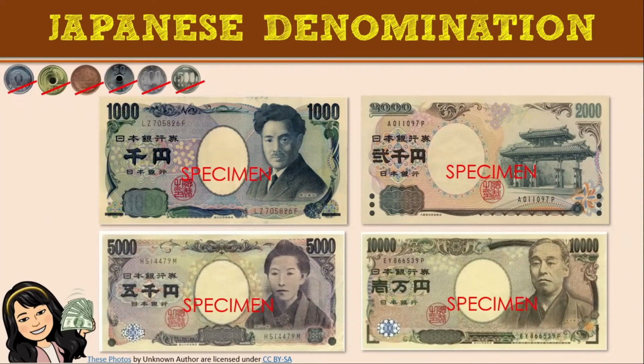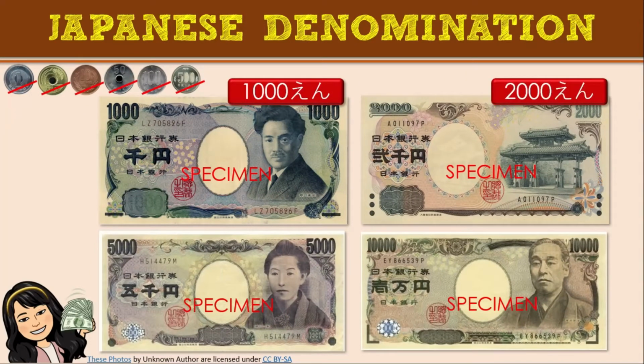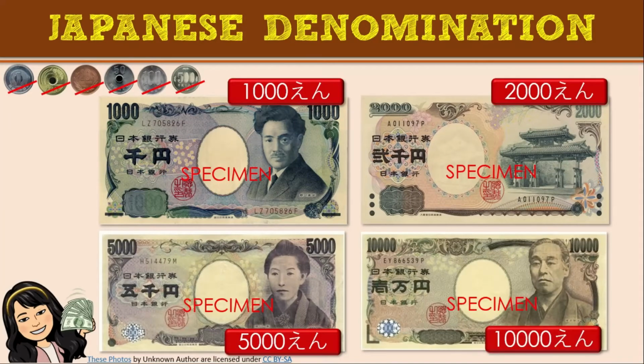We have 4. We have 1,000 yen, 2,000 yen, 5,000 yen, and 10,000 yen. We do not know yet how to read these numbers, but later on, as we continue, I'm sure you will learn how to read these huge numbers.